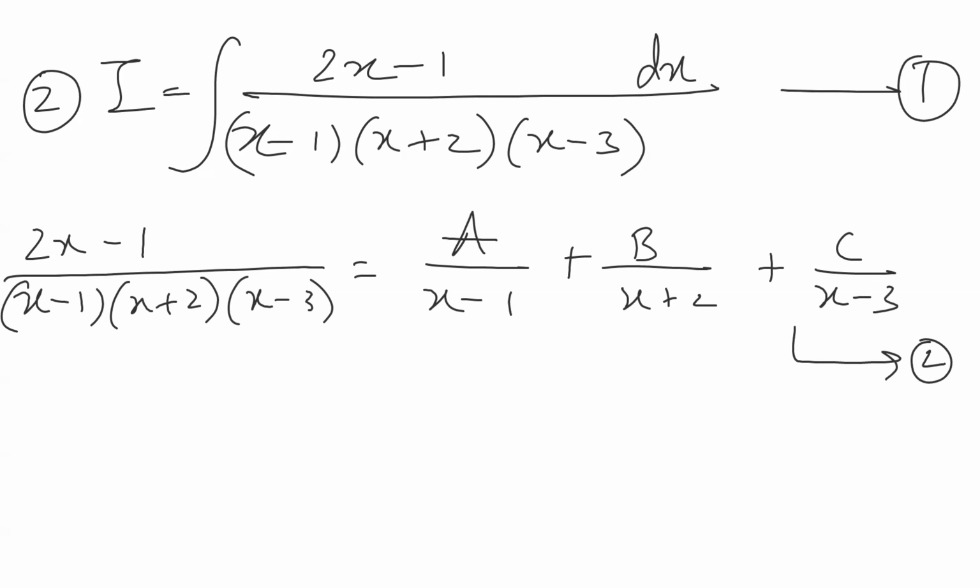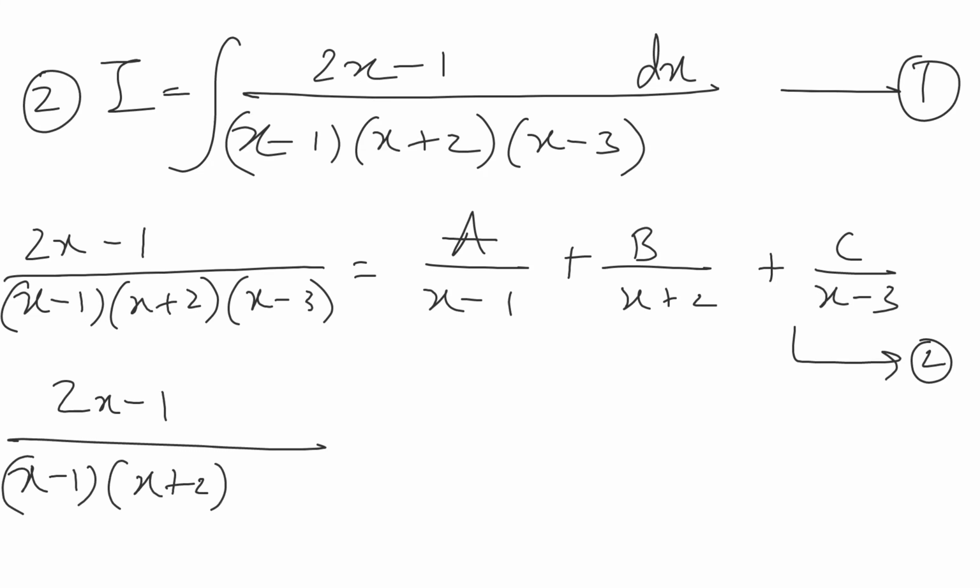Now we are going to take the LCM of equation number 2. So 2x minus 1 equals A, B, C over x minus 1, x plus 2, x minus 3. So let's take the LCM. What is the LCM of all the three terms?